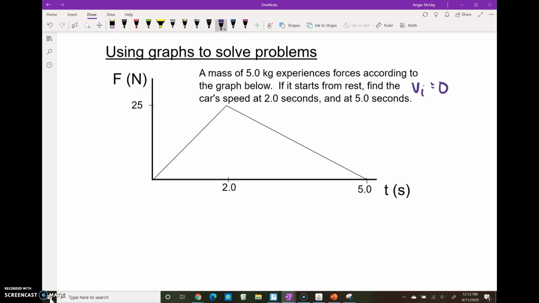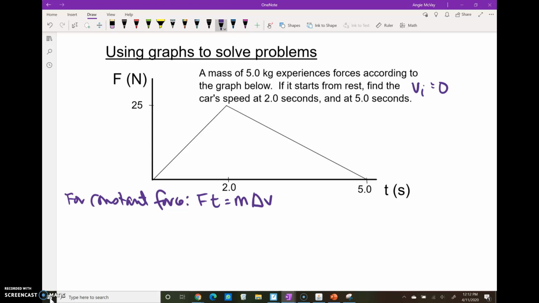Right, so remember, for a constant force, we can say force times time equals mass times change in speed or velocity. That's just our impulse equation. But is this mass experiencing a constant force?